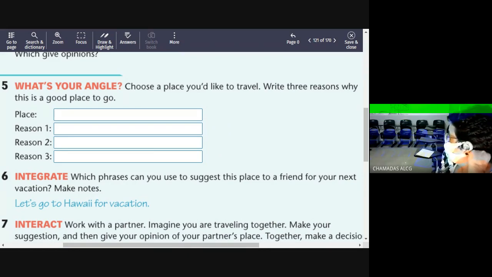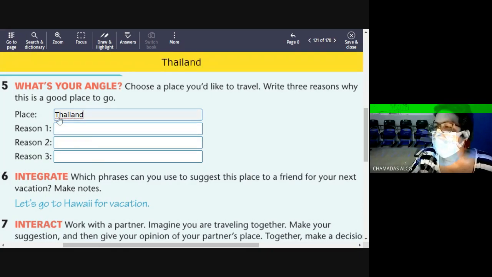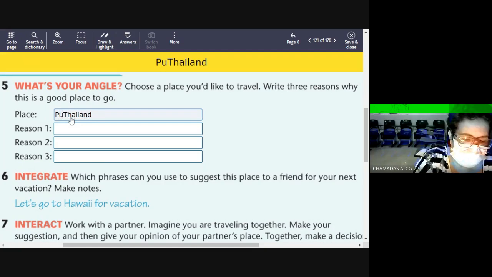Oh, beautiful. Yeah. Thailand. Okay. So you won. It's beautiful. Okay, so let's put here the place. Phuket, Thailand.